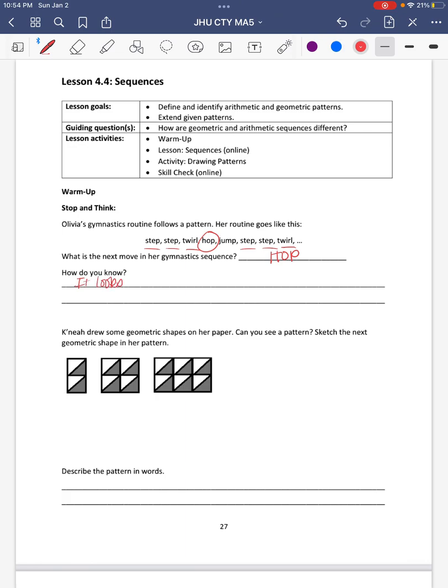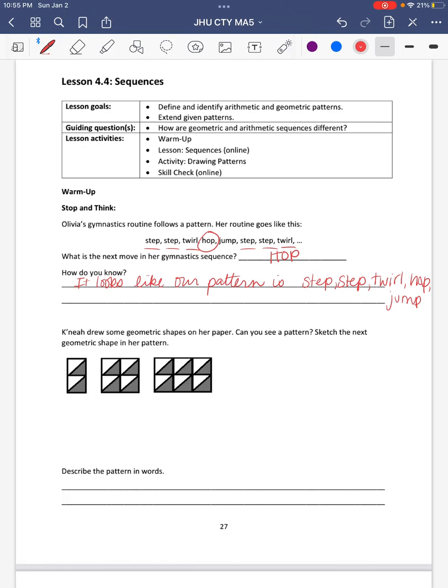It looks like our pattern is step, step, twirl, hop, jump. So it looks like a 5 sequence pattern. I ran out of room there. That's okay. Yours will probably look better than mine.